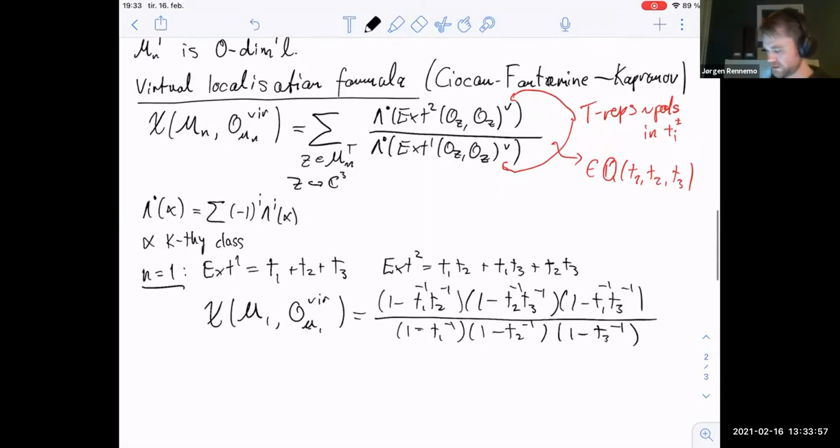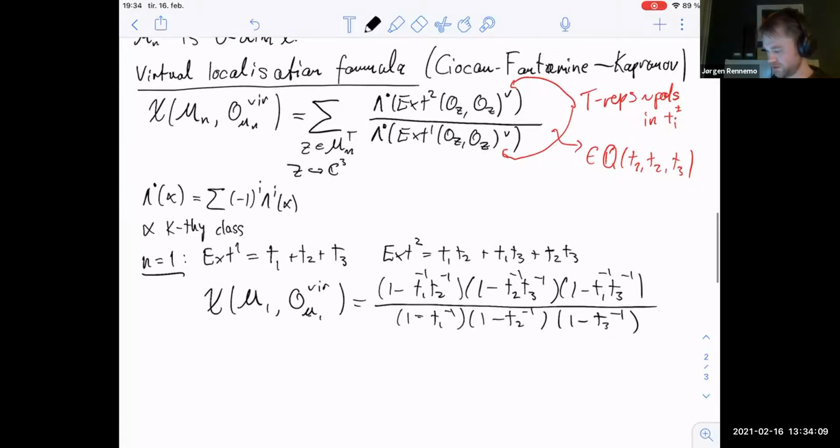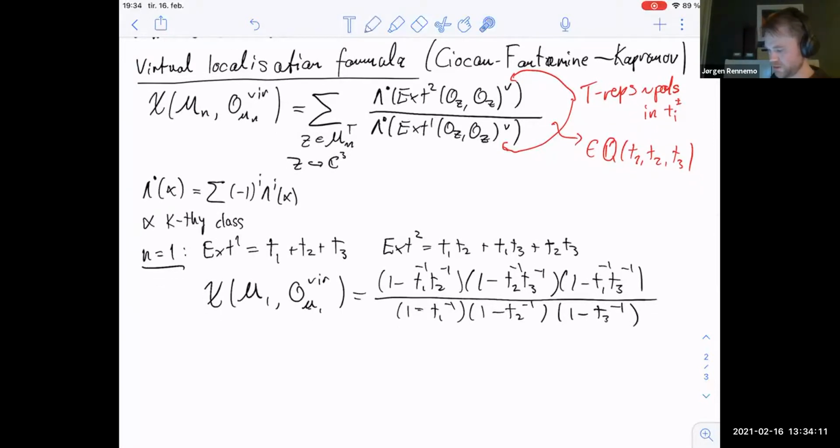As we'll see, the answer when you do this huge sum turns out to have an extremely simple form. But in order to prove that it has an extremely simple form, you have to do something a little more subtle, and you really have to understand this object, this virtual structure sheaf, in a more global way. It might be a stretch to call it a geometric way, but more than a computational way, at least.